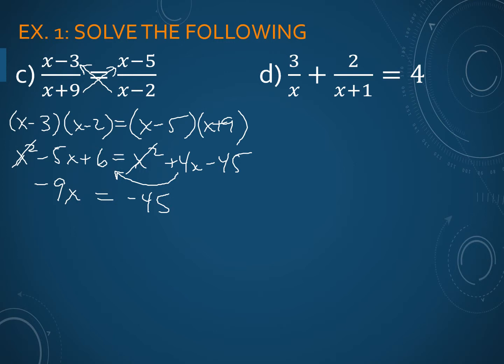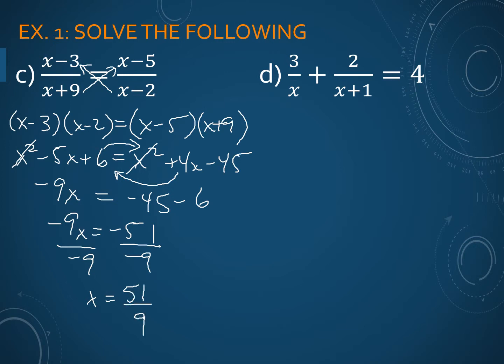When I bring the 6 over, that's going to become negative 6. Negative 9x equals negative 51. Divide both sides by negative 9. X equals 51 over 9. Again, you can check your solution. Sub that in for x. See if you got left side equals right side.